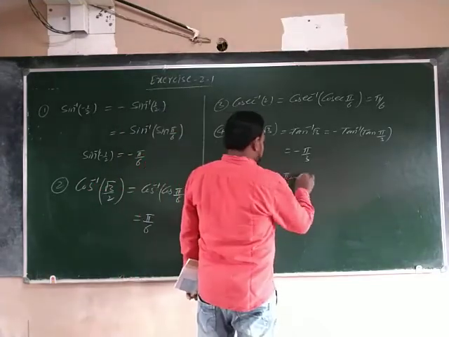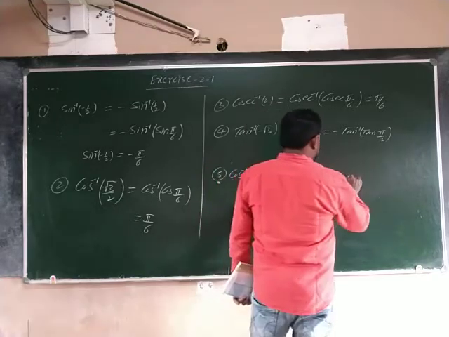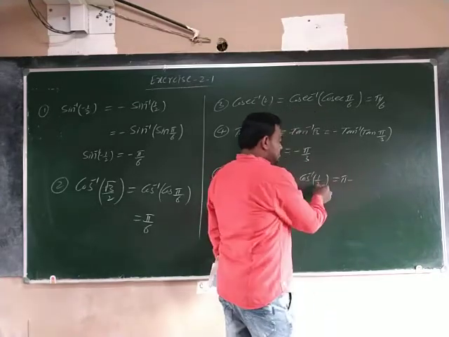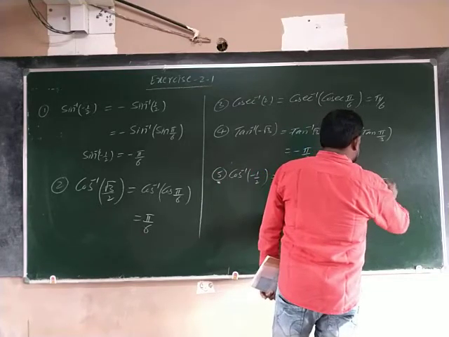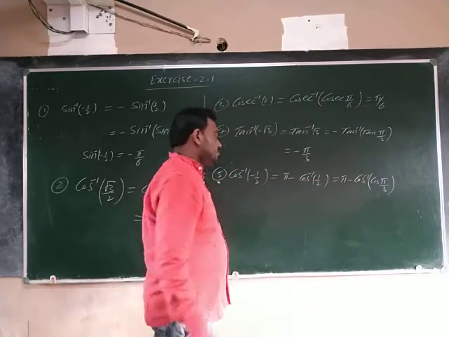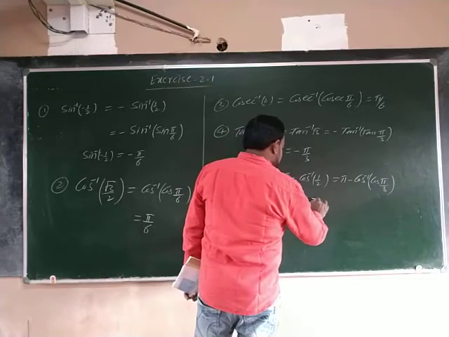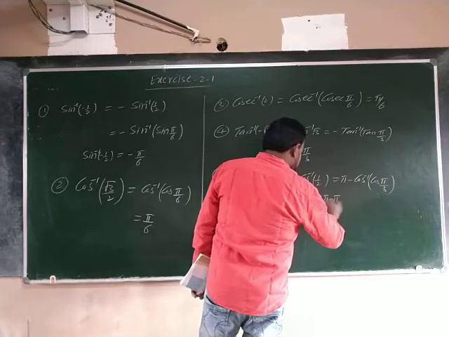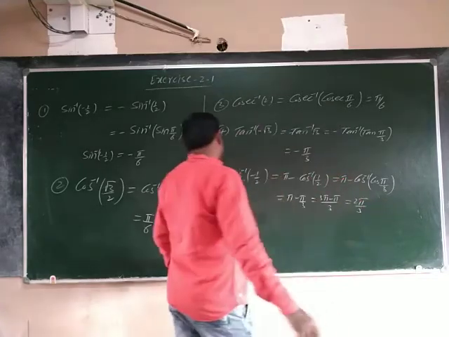So this is equal to pi minus cos inverse of 1 by 2, and cos inverse of 1 by 2 is cos inverse of cos pi by 3, as the cos 60 value is 1 by 2. So this is equal to pi minus pi by 3. With 3 as the LCM, that is 3 pi minus pi by 3, which equals 2 pi by 3.